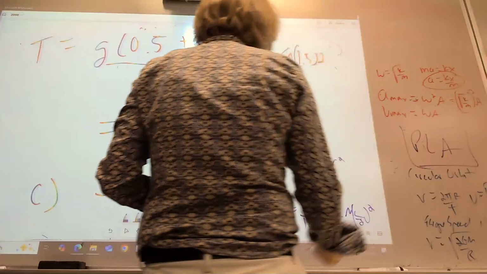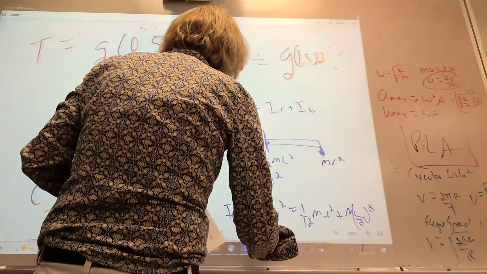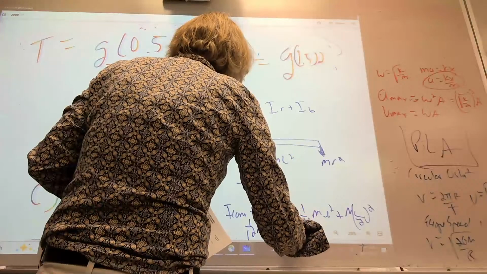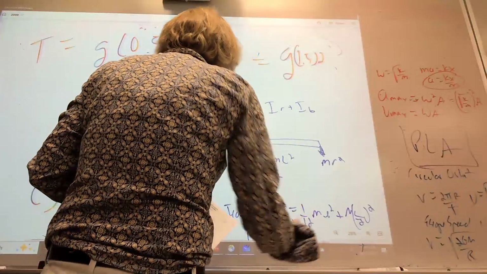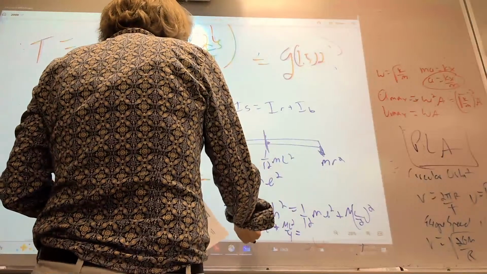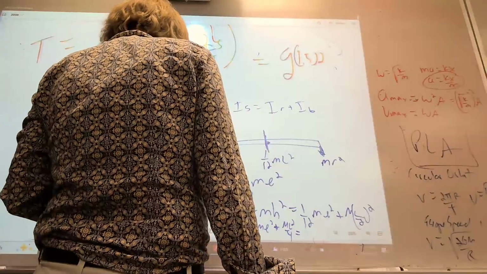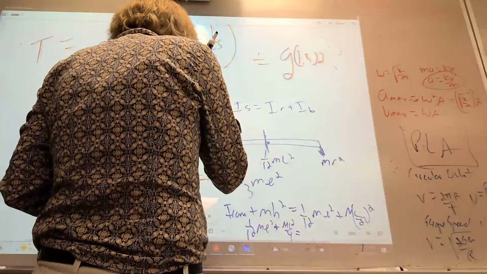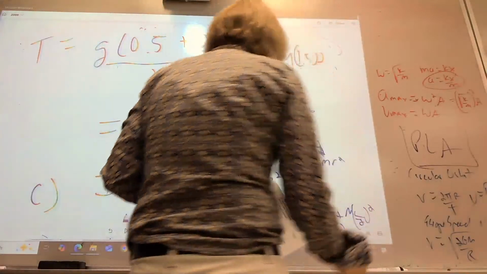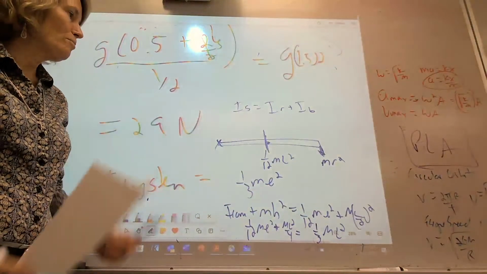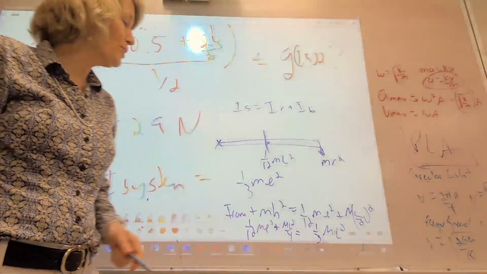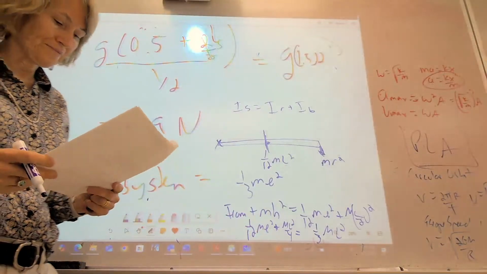When we square that, we got ml squared over 4. We added these two together. We got a common denominator, and we added them, and we get 1/3 ml squared. That's where that comes from. So you need to remember the parallel axis theorem. But if you remembered 1/3 ml squared, you did not need to remember it. You get your point for writing it down.